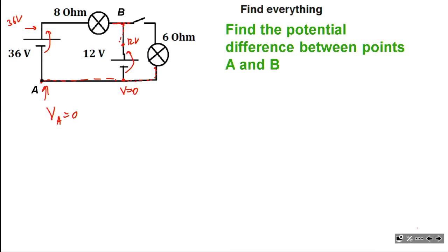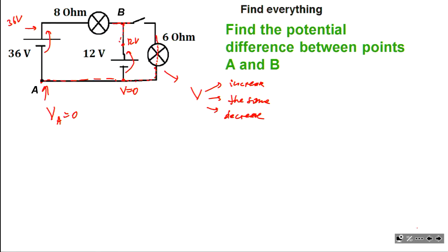Now, what is happening to electric potential when we go through this bulb? Electric potential, because it is a number, might increase, remain the same, or decrease. And you have to make a choice.